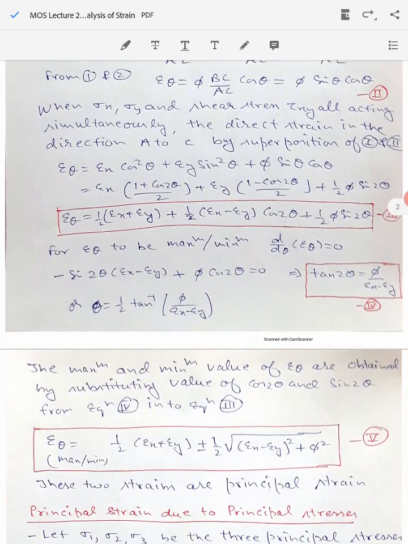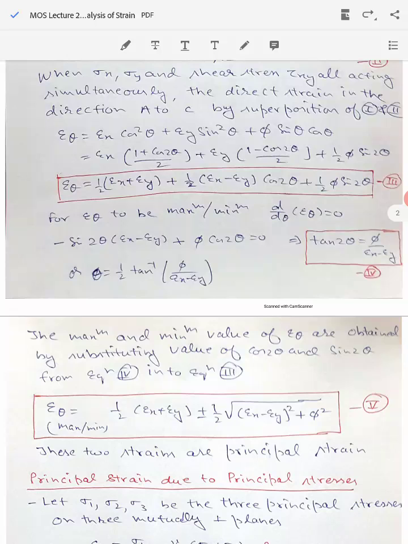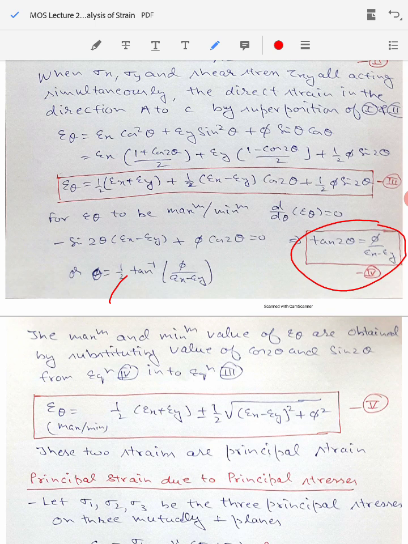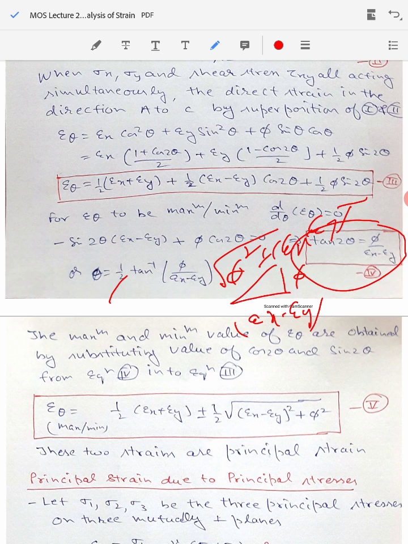Now you can obtain the principal strains, that means the maximum or minimum value, by finding the value of theta and finding sin 2 theta and cos 2 theta. You can use this expression for this purpose and simply make a triangle here. You say okay, this is phi, this is epsilon x minus epsilon y, so the hypotenuse is under root of phi square plus epsilon x minus epsilon y whole square, and using this you can find the value of sin 2 theta.